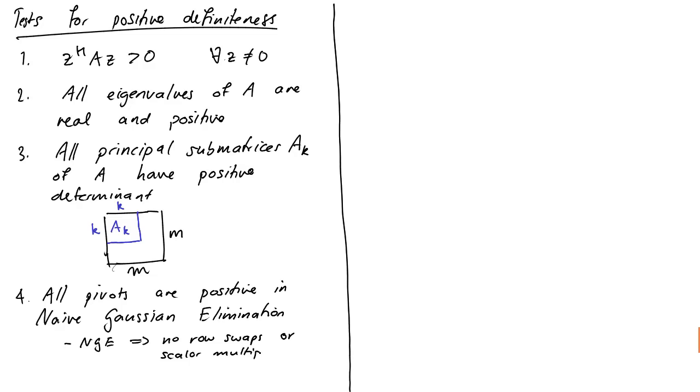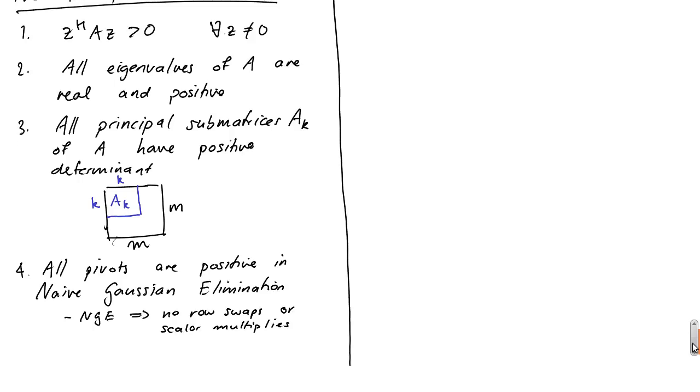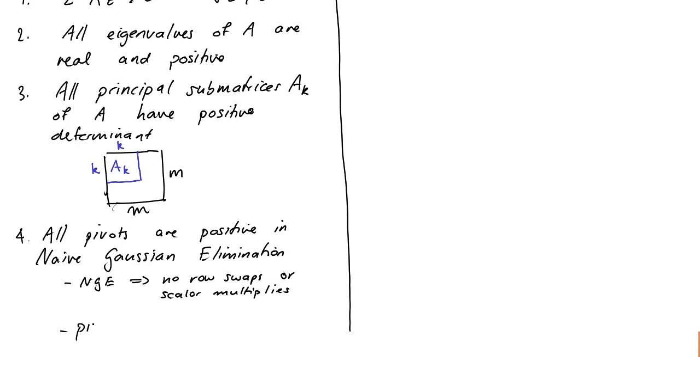So it's the most basic Gaussian elimination you could think of. And the pivots are the diagonal entries of its row echelon form.